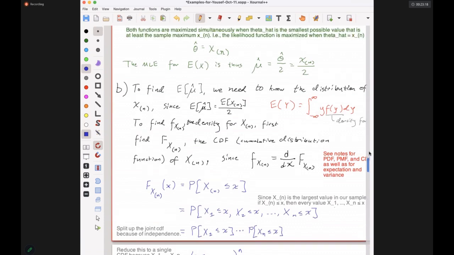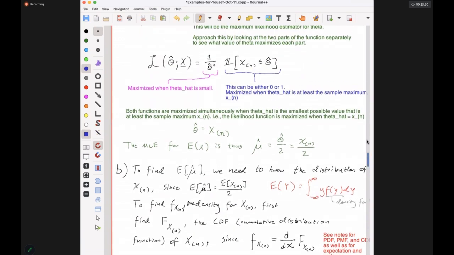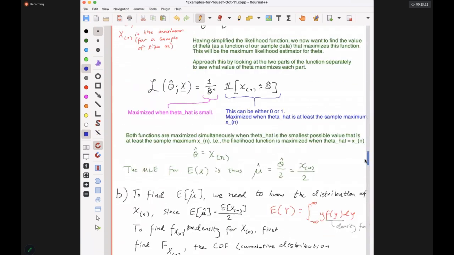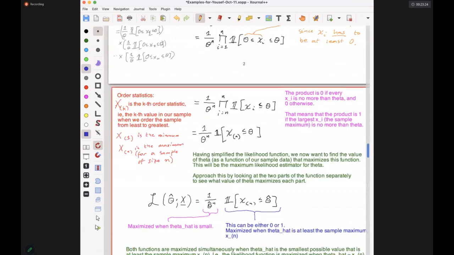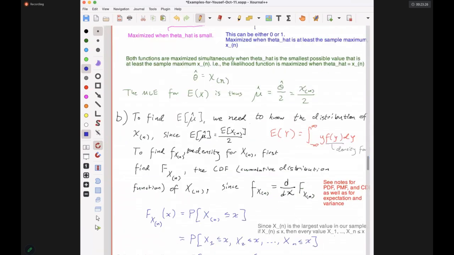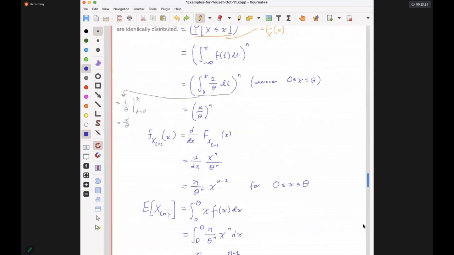And we said before that the expectation of mu hat is equal to the expectation of xn divided by 2.